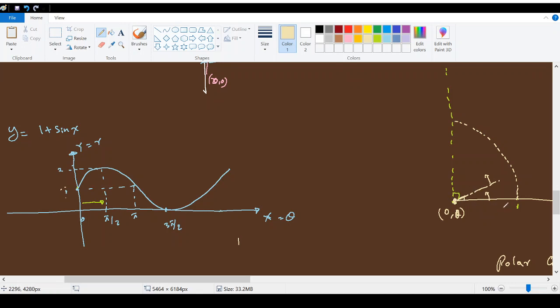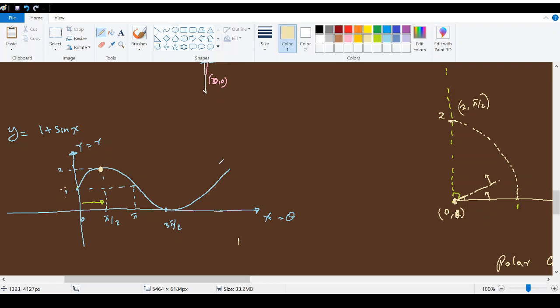The r at the starting point is 1, but for all these points it will gradually increase. None of these points will be equal to 1, right? The r value of all these points will be greater than 1, and at this point it will reach 2. So the polar coordinate at this point will be 2, pi by 2, right? That means this point.